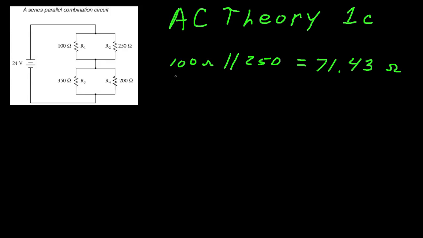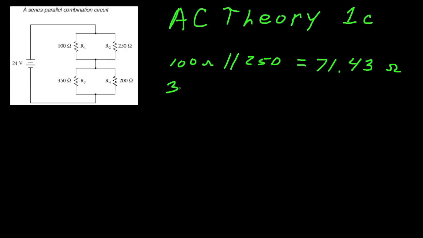And that goes along with our rule again that the total resistance in parallel of any parallel resistors has to be smaller than the smallest resistor. The smallest resistor is 100 ohms, and we've got an answer that's less than 100 ohms.